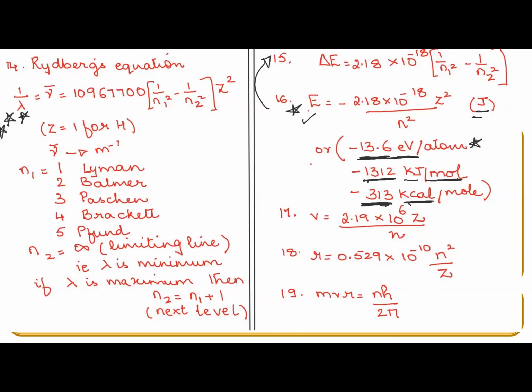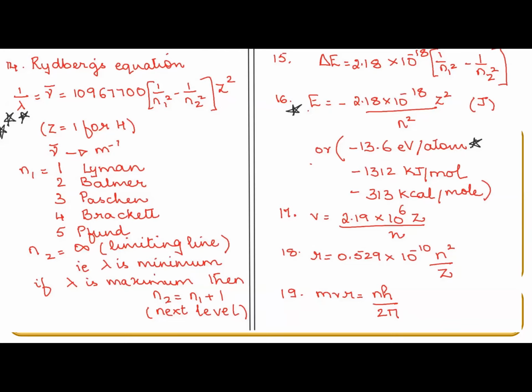So various ones you should be knowing, but this part is constant, Z square by n square, and this constant, based on what unit you need, you can vary. This is an important formula. Now change in energy can be given in the same way like we wrote the Rydberg equation.